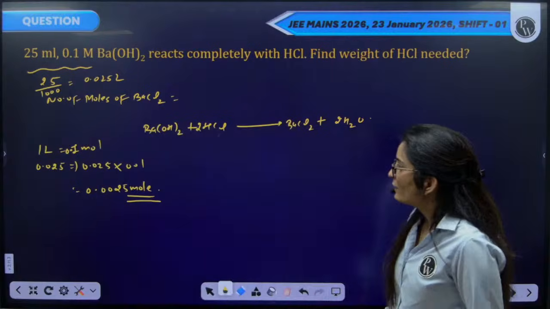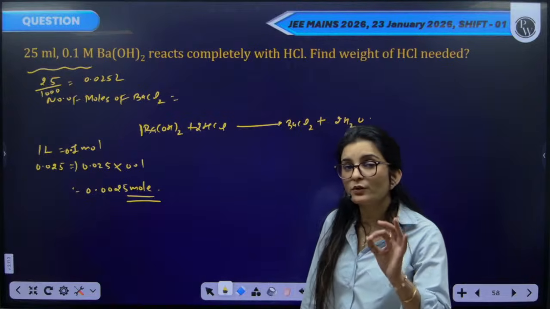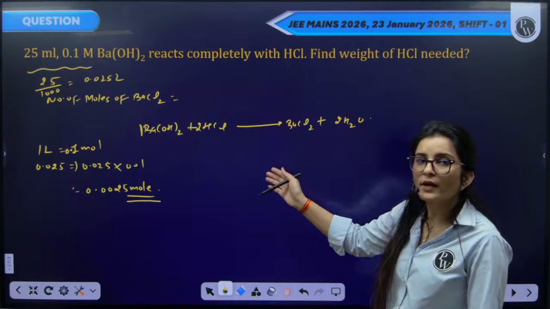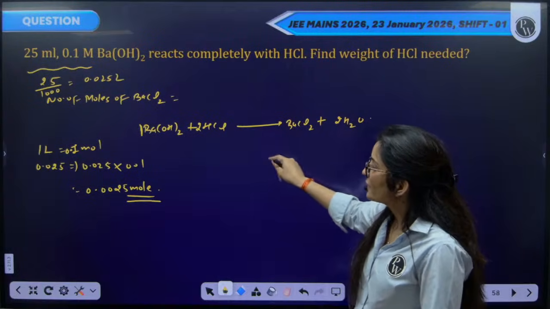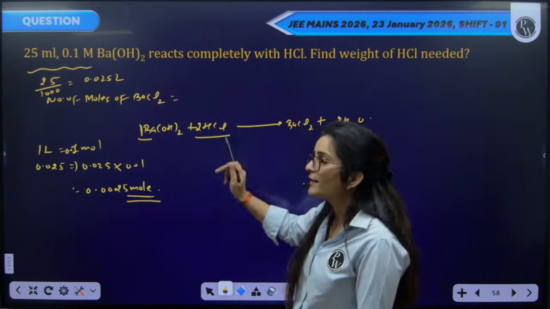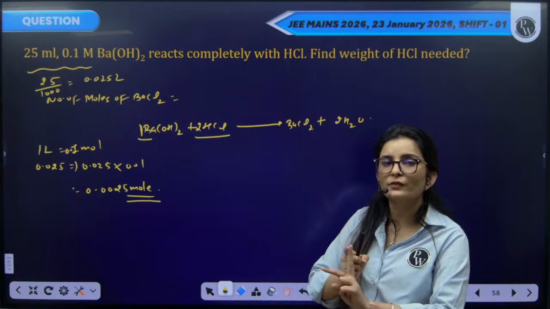Okay, now just have a look over the board. First of all you need to balance the equation. If you do not balance the equation, you will get the wrong answer. As you balance the reaction, you can see the stoichiometric coefficient of barium hydroxide is 1, and for HCl it is 2. Means if 1 mole of barium hydroxide is reacting, then 2 moles of HCl are reacting.